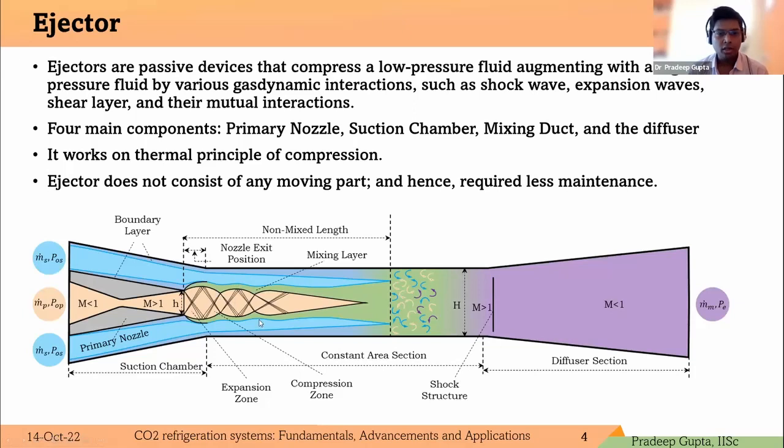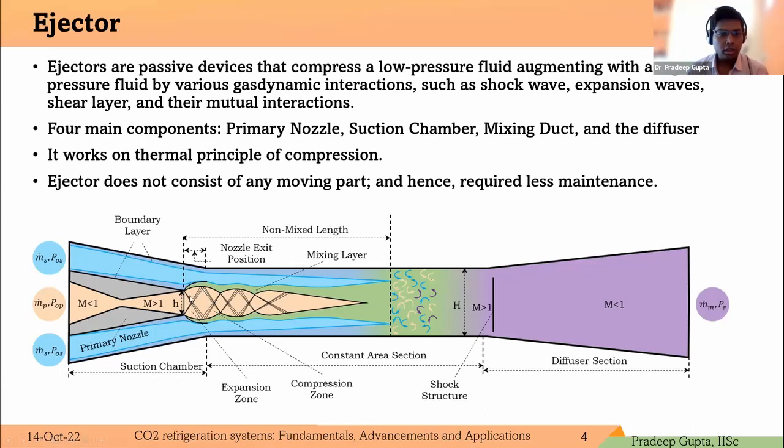Then the primary and secondary flows meet. If the mixed flow is in the supersonic region, it will produce a shock structure because of the back pressure downstream of the ejector. This normal shock turns the flow from supersonic to subsonic, and the flow expands in the diffuser for pressure recovery.